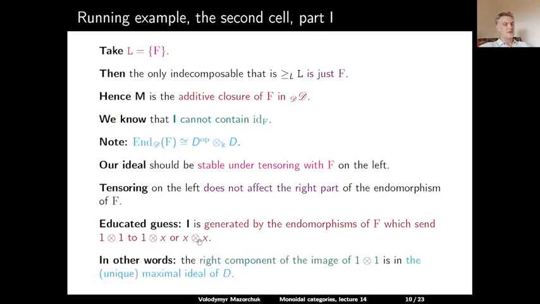In other words, the right part in the image of 1 tensor 1 of our endomorphism belongs to the unique maximal ideal of our algebra D, which is here on the right. So this unique maximal ideal is generated by X. So this is what we guess.